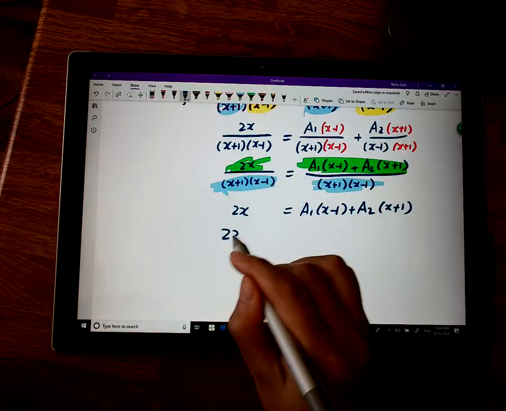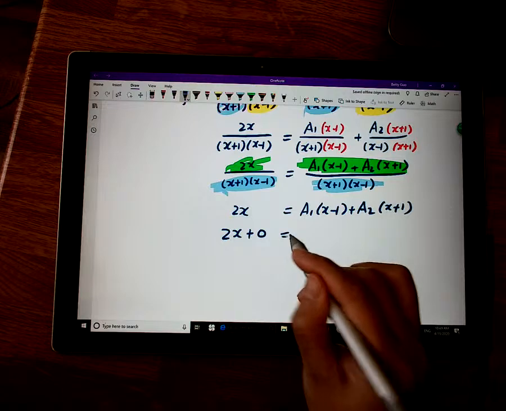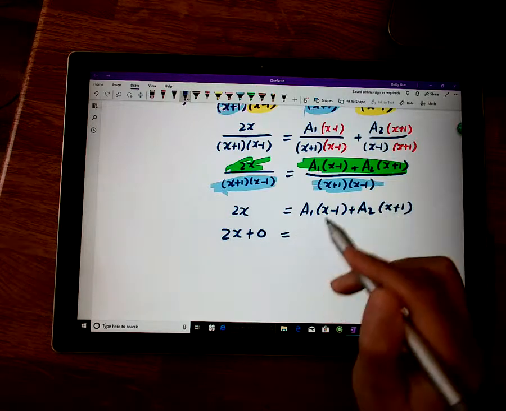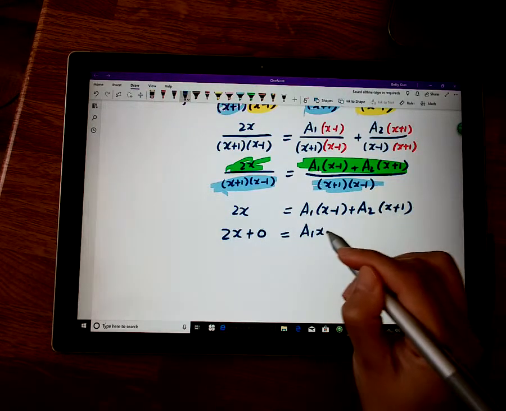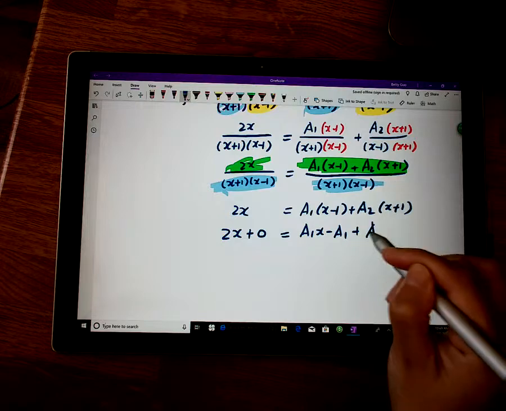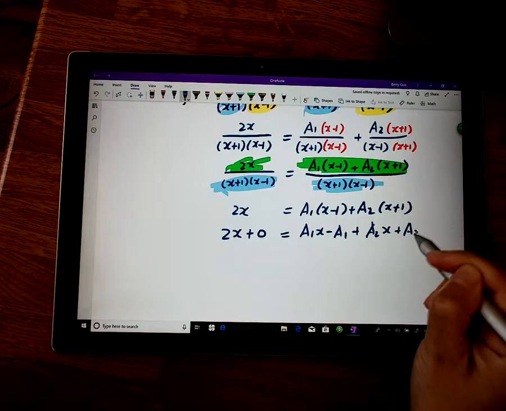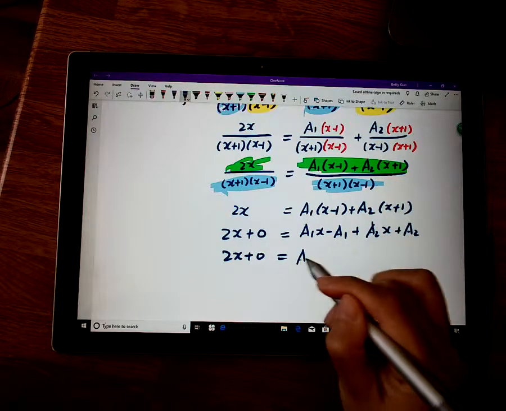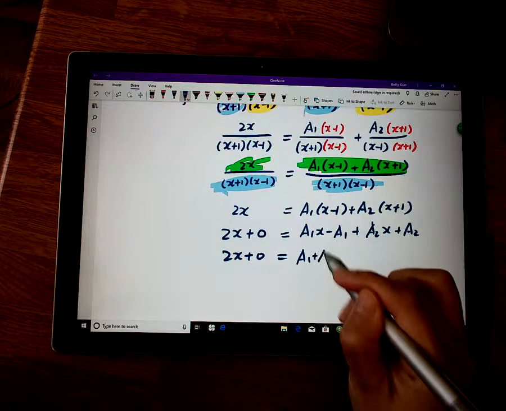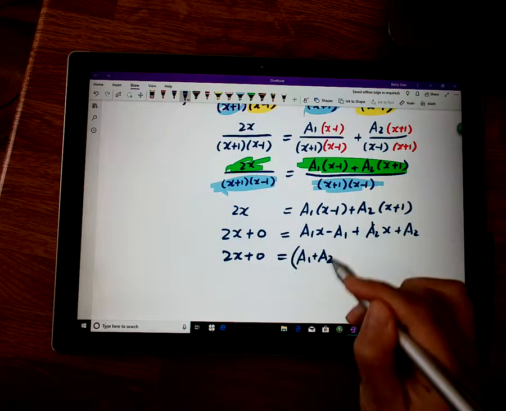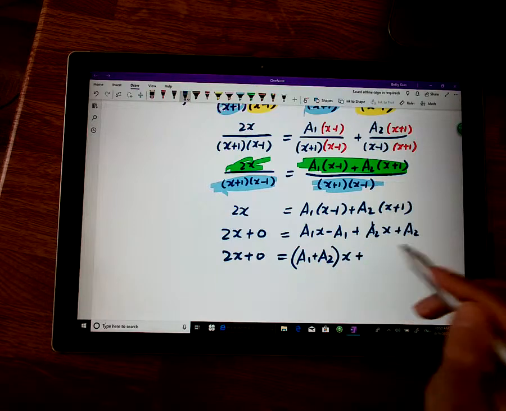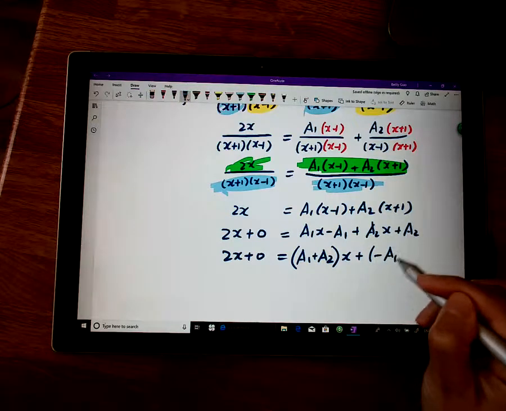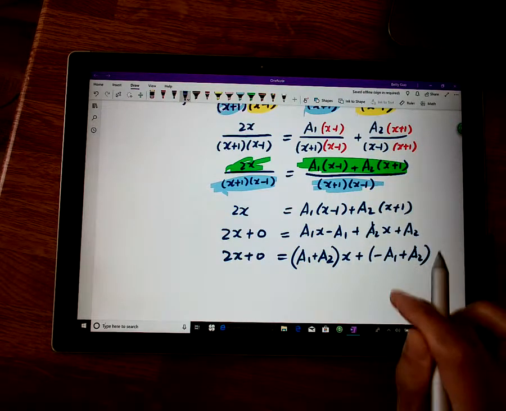On the left, we actually have 2x plus 0. The constant is 0. On the right-hand side, we distribute: a sub 1 x minus a sub 1 plus a sub 2 x plus a sub 2. Combine like terms. The coefficient of x is the addition of a sub 1 and a sub 2. The constant term is negative a sub 1 plus a sub 2.